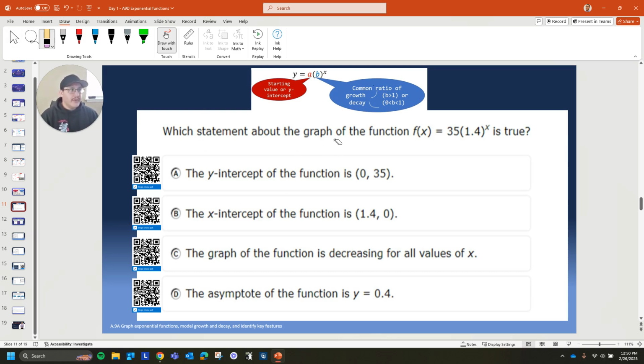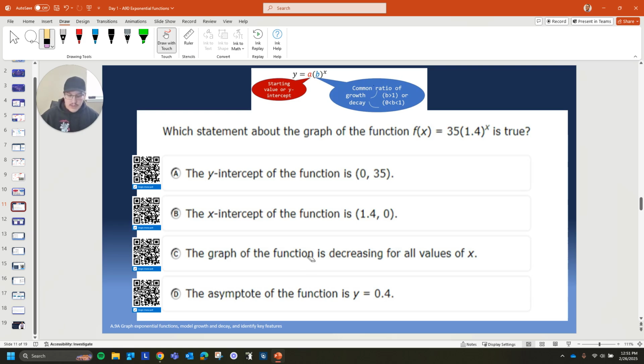Which statement about the graph of the function f(x) = 35(1.4)^x is true? And then we're given 4 different choices. It talks about the y-intercept, the x-intercept, whether it's increasing or decreasing, and the asymptote of the function. We can do all of this without a calculator. However, it's probably best to look at it and then identify things from here.